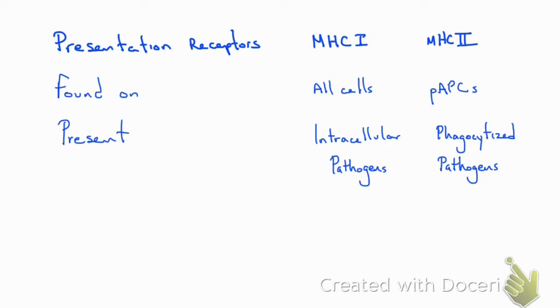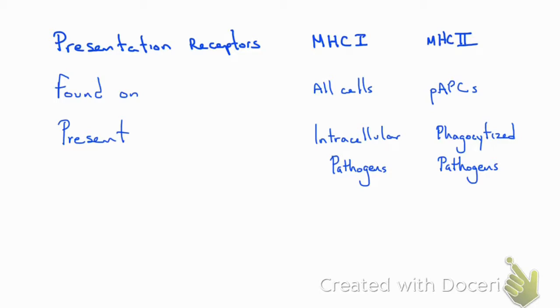On the other hand, MHC2 will present epitopes from pathogens that have been phagocytized, so those that have been taken up from the outer environment, engulfed by the cell, and now presented rather than using the debris as waste. These professional antigen presenting cells are going to use that debris at the end of phagocytosis for antigen presentation.